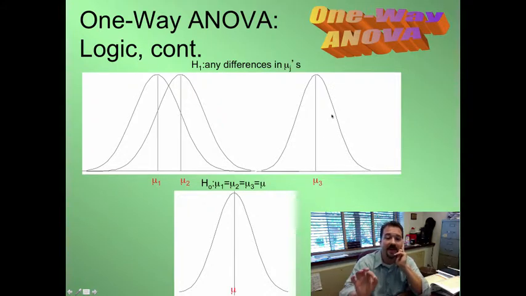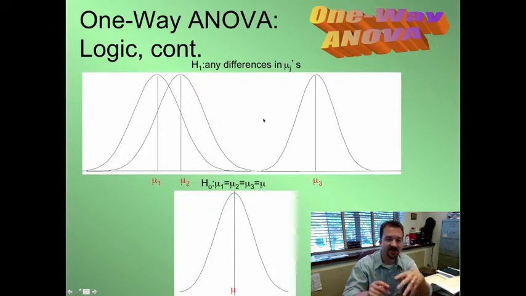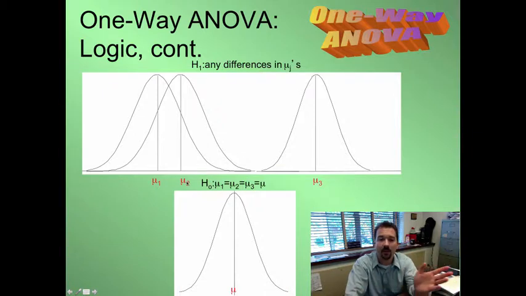You wouldn't say that specifically in your ANOVA alternative hypothesis. That's too specific, to say that group 3 will be different from group 1 and group 2. Rather, you would just say there's some difference somewhere. Now, when you have a real hypothesis, that's not going to be specific enough. Let's say this is the placebo group, mean 1, and mean 2 is the mean of your 10 milligram group.